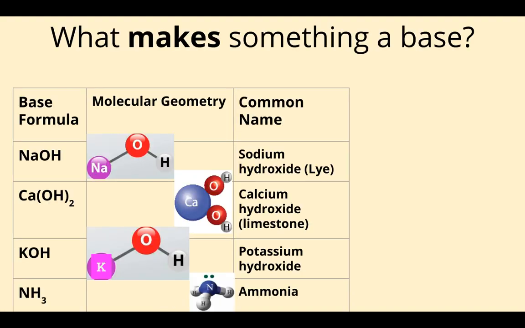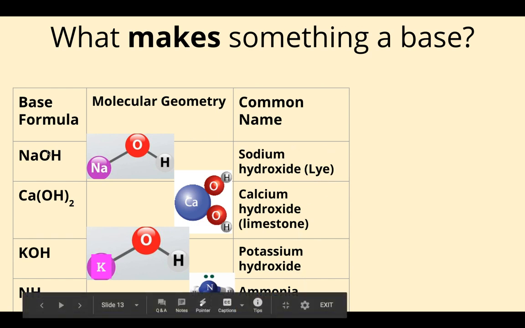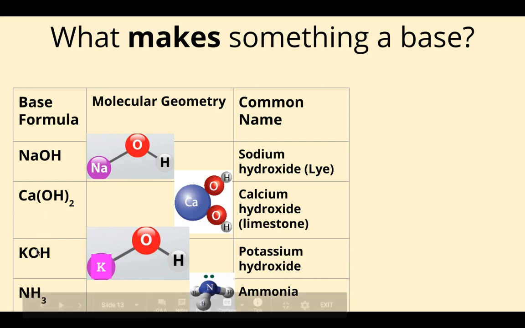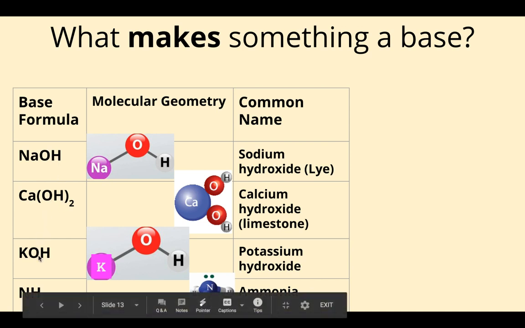Okay, well, what about bases? What makes something a base? Again, go ahead and take a look at these four common bases, all things you may have used in your life outside of school or we would have used this year. And what do you think, at least for the first three, they have in common? Awesome.